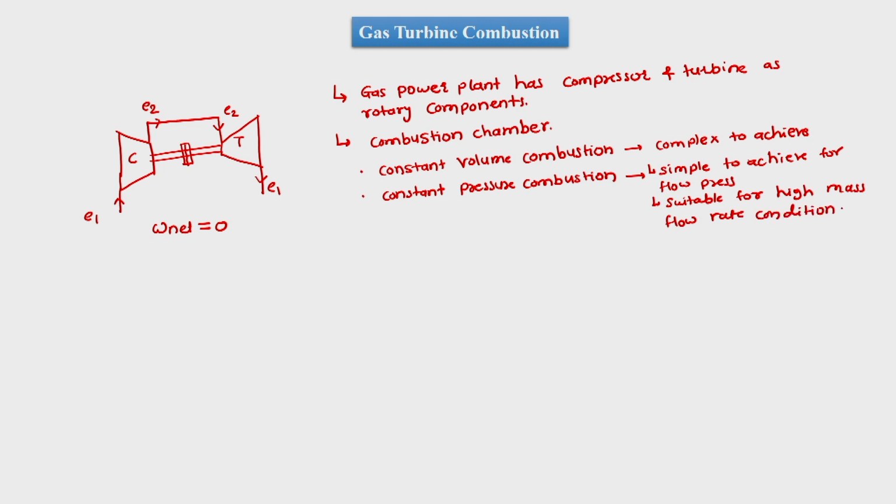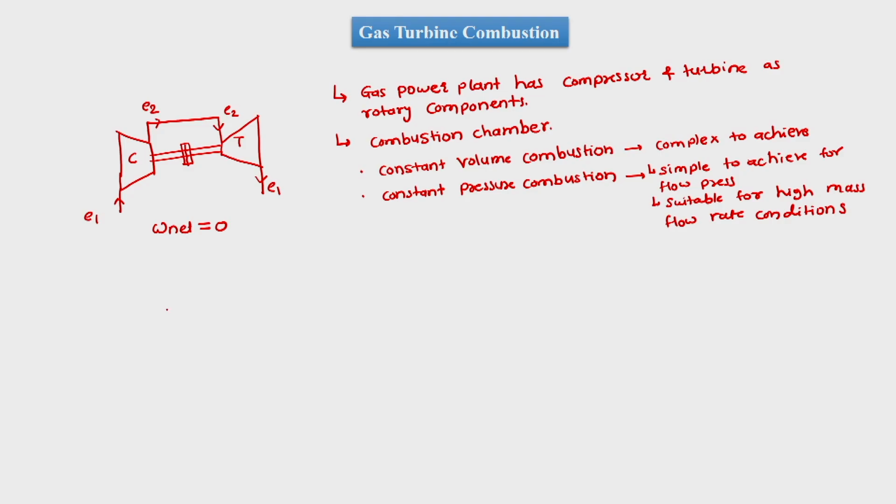Hence, constant pressure combustion is generally preferred in gas turbine power plants. That is why a typical gas power plant is comprised of a compressor, then a combustion chamber, and then a turbine. This is a general gas turbine power plant, which is generally used for aircraft applications.